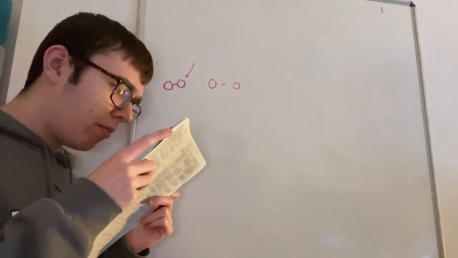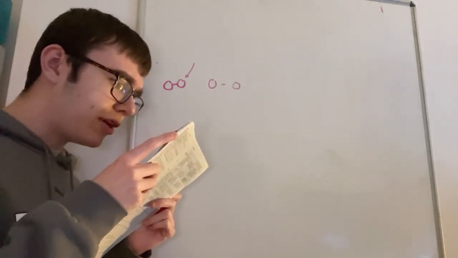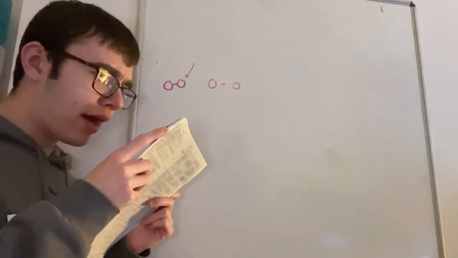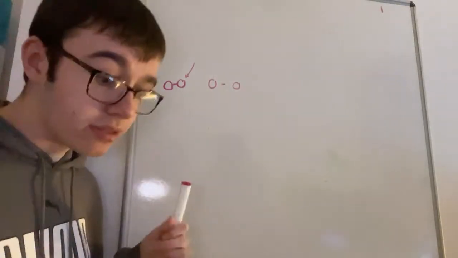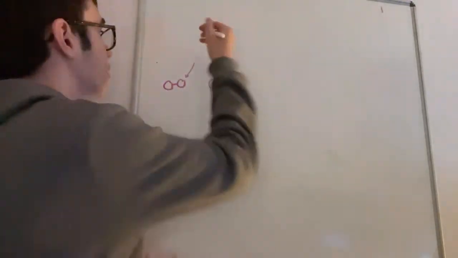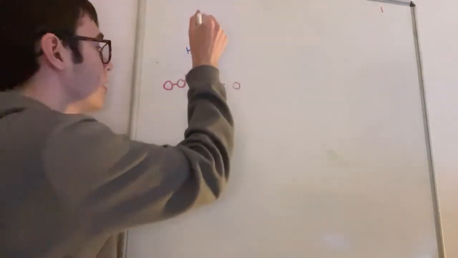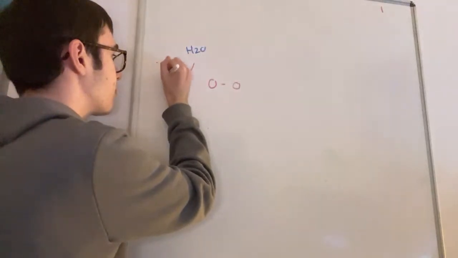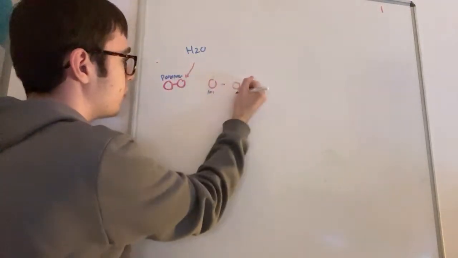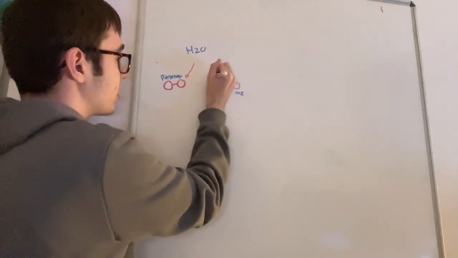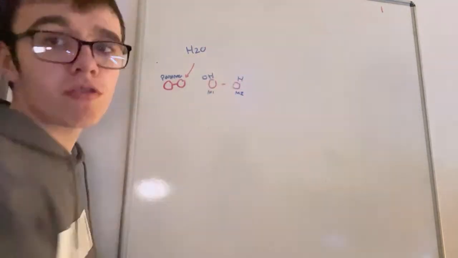Monomers are released by the addition of a water molecule, adding OH to one molecule and H to the other. Okay, I did not know that. I'm going to be honest. I did not know that. So H2O. Monomer 1, monomer 2. So one gets OH, one gets H.